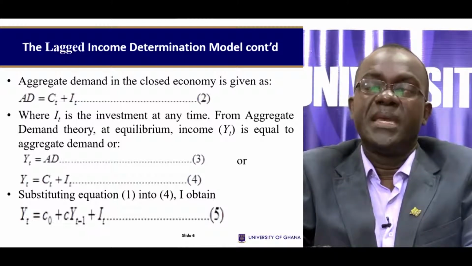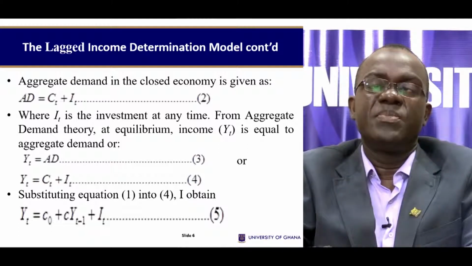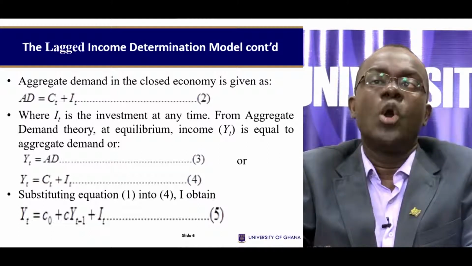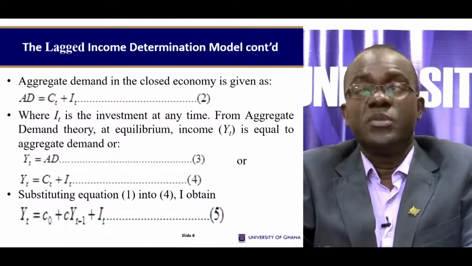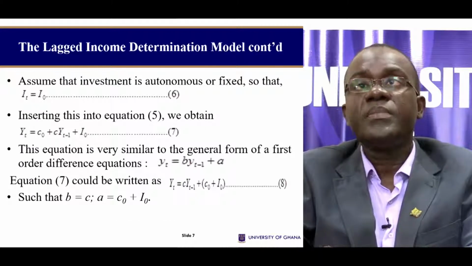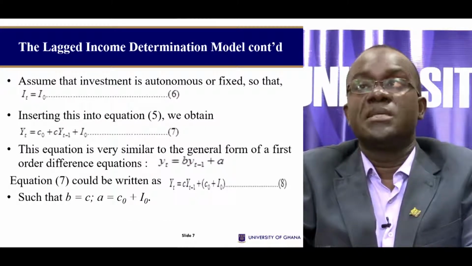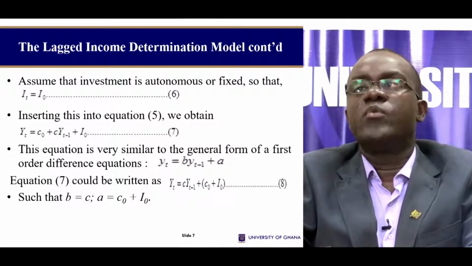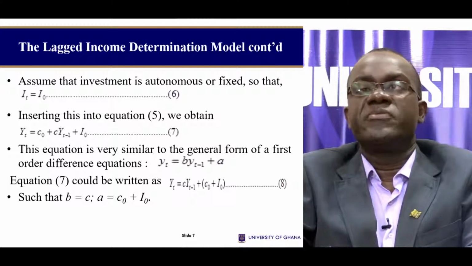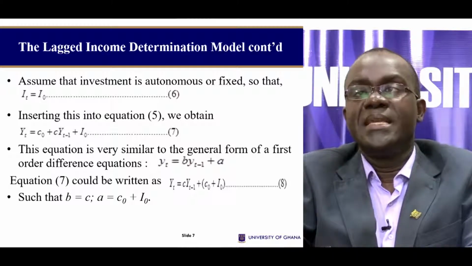Look at this equation. It's a difference equation. Output for the current year is being determined based on the previous year's output. So it means we have a difference equation. Now, assuming that investment is constant, which is the case in many situations, our equation can be reorganized in this form, and it's not very difficult to see that this is a first-order linear difference equation.